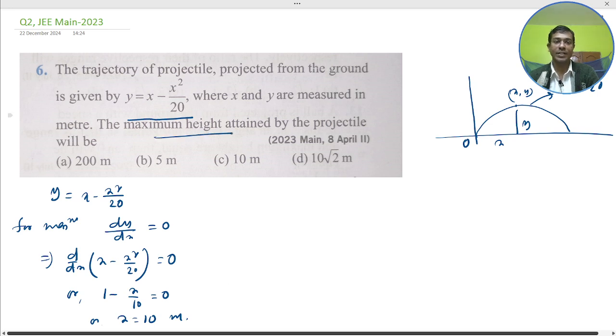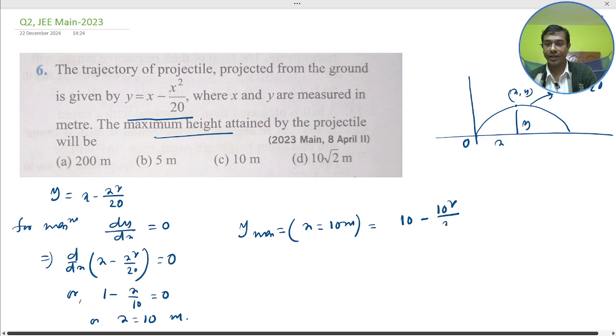So you have to find the maximum height, y max at x equal to 10 meter. So 10 minus 10 square by 20, so it would become 5 meter. So I think B would be the correct answer.